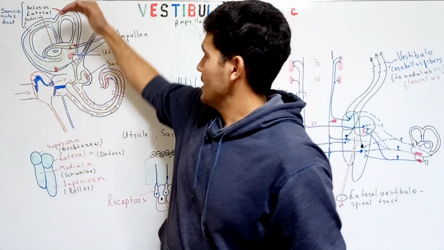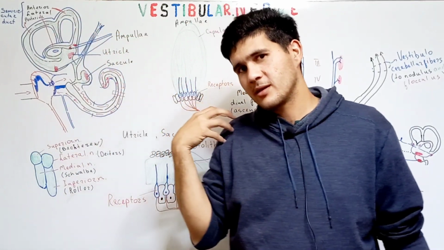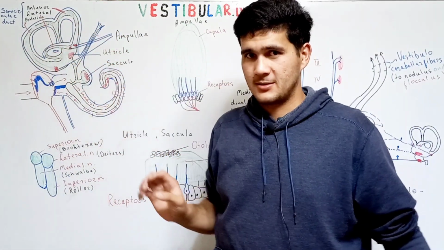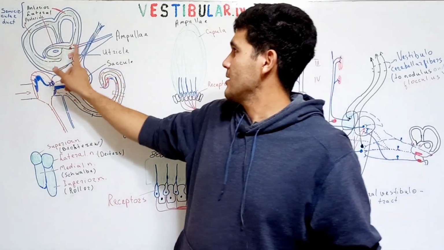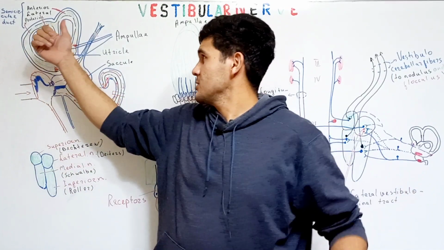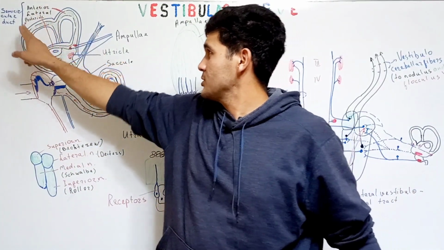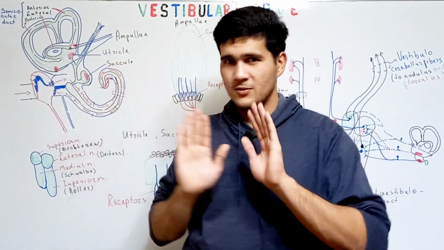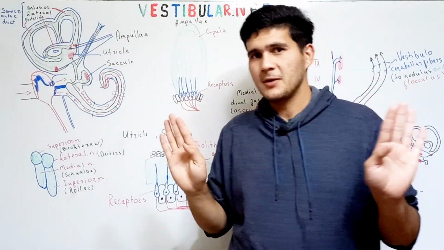Now look at that. Each inner ear has 3 semicircular ducts. The first one is lateral. The lateral is located horizontally, and the other 2, anterior and posterior, are located in a vertical position, okay?